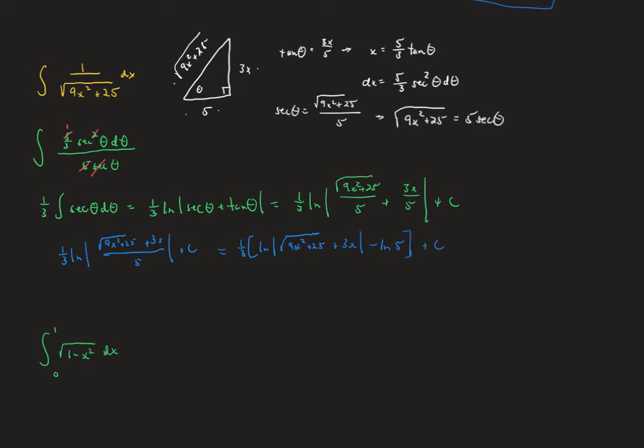But the natural log of 5 is just a constant, so we can just lump it together there. And so you might see this written as just 1/3 natural log of the absolute value of the square root of 9x squared plus 25 plus 3x, and be thinking, oh no, I did something wrong because I had 5's in the denominator, but in fact, those are equivalent to each other.